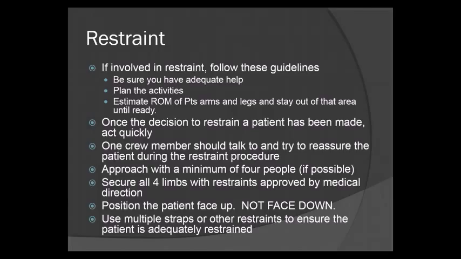Use multiple straps or other restraints to ensure the patient is adequately restrained. Again, all four limbs. If you have to, use an extra one. If they're bending at the knee, use an extra one just above the knee to help the restraint, but again, within reason.